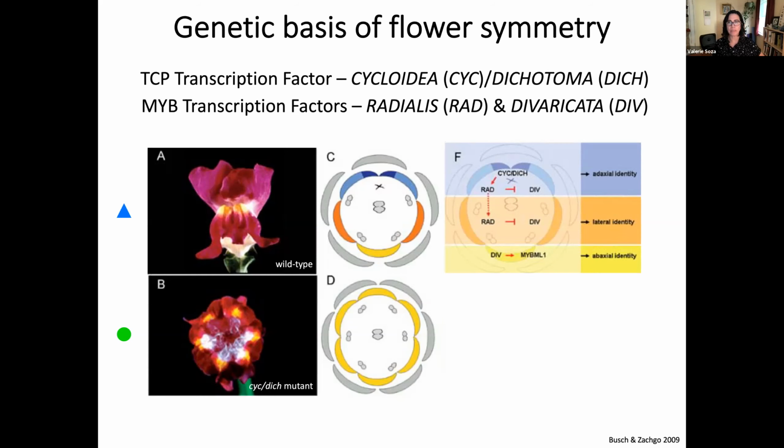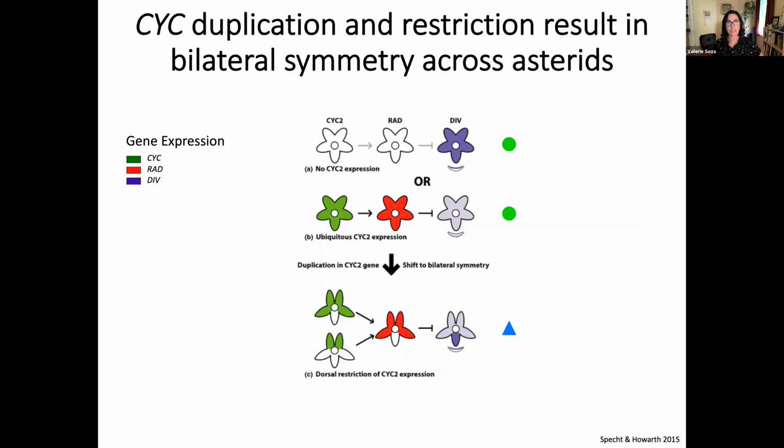And these three genes have also been looked at across other asterids to see whether or not they are acting similarly. And we do see some conserved patterns. The three genes are indicated when they're turned on in three different colors.